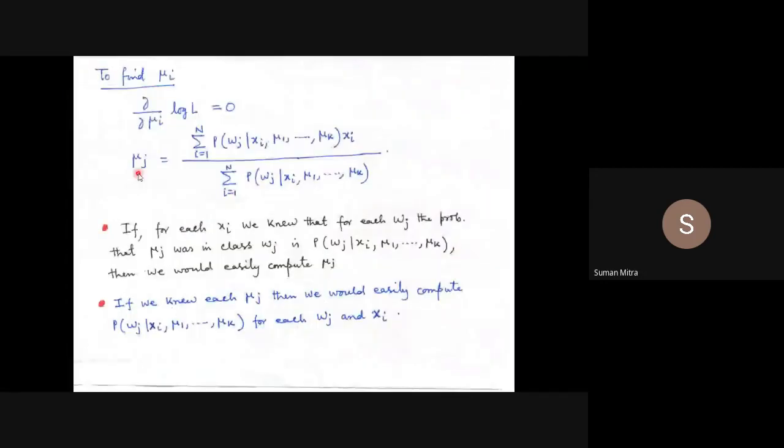So finally, if you want to take del mu of log L, assuming that W1, W2, Wk are all known, and sigma 1 square, sigma 2 square, up to sigma k square are all known and equal, then you will get a mu j, which is this one.